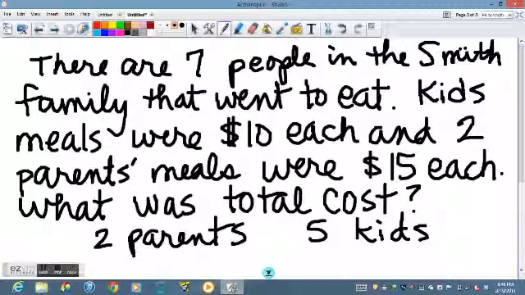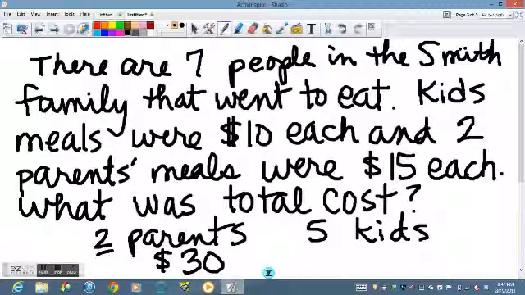Okay, now, let's figure out how much the cost was for the parents. The parents' meals were $15 each, so since there were 2 parents, that'll be 15 plus 15, or $30 for the parents' food.